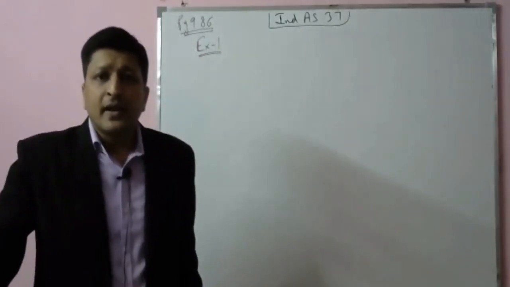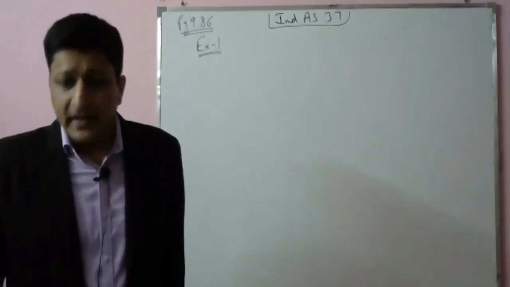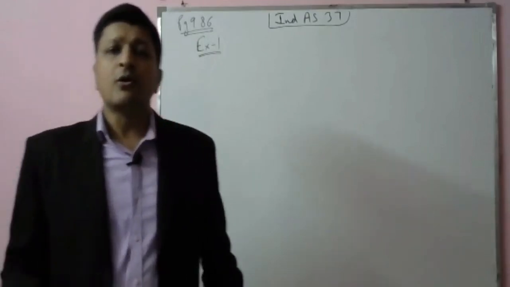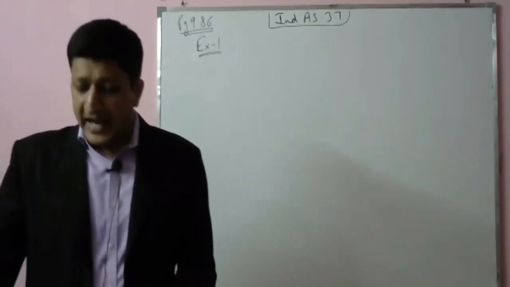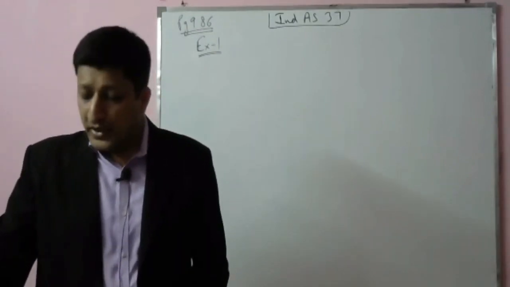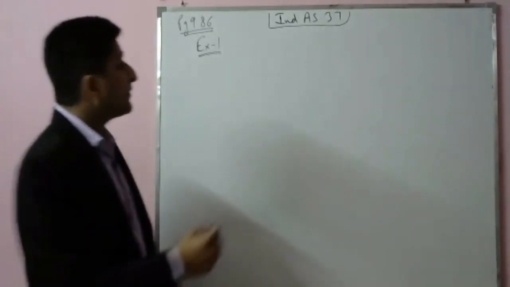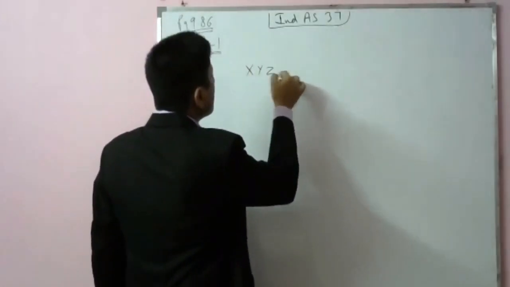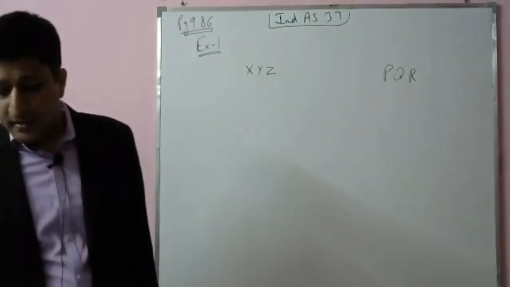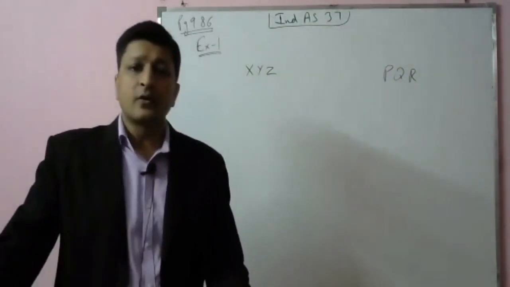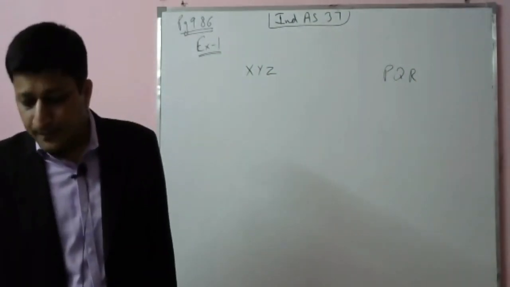On 1st of April 2002, Company XYZ Limited enters into a contract with Company PQR Limited for manufacture and delivery of 200 units of component at 5 different dates in future. So there is a contract between XYZ and PQR. Okay, so these are the two parties and 200 units are required to be manufactured and delivered.